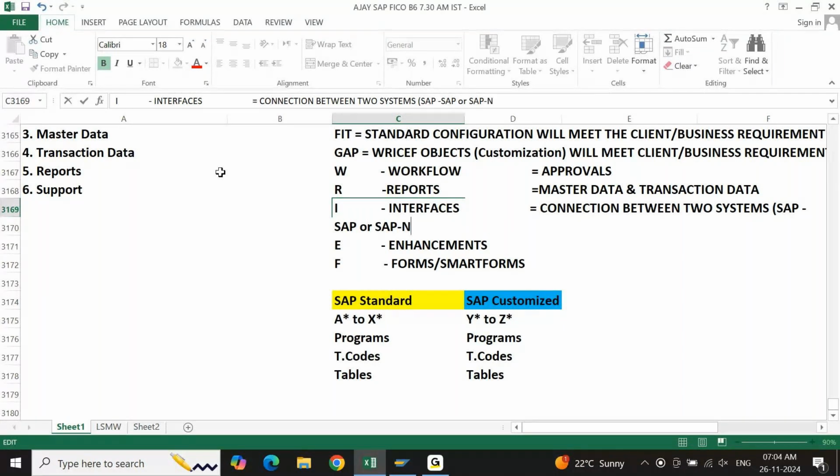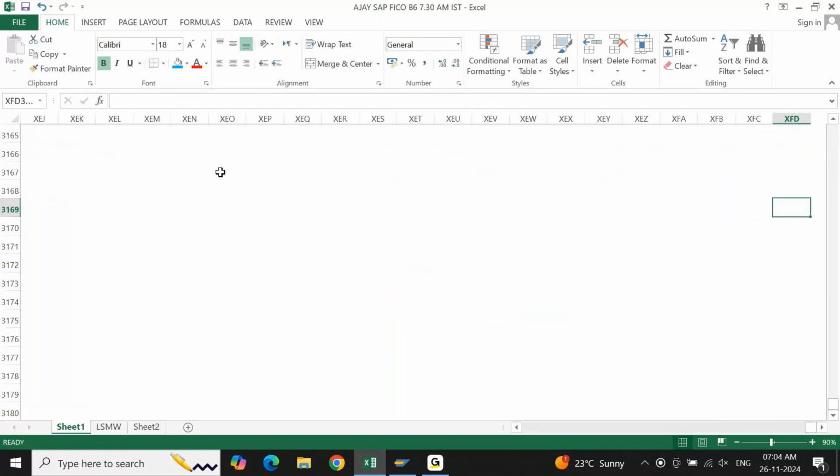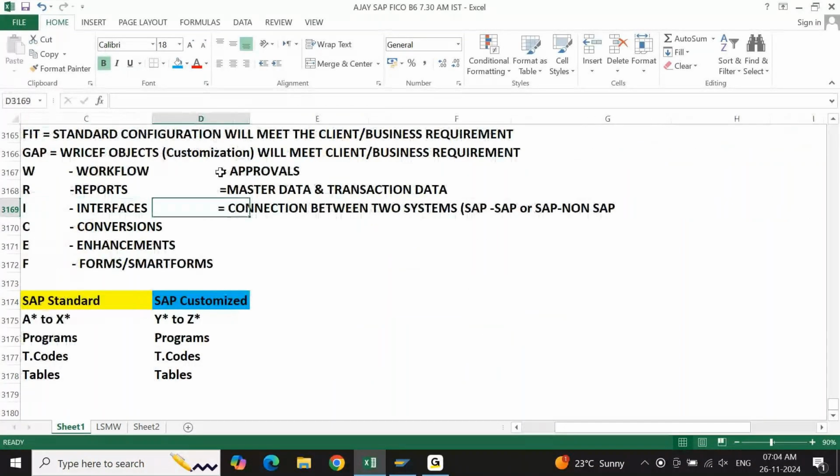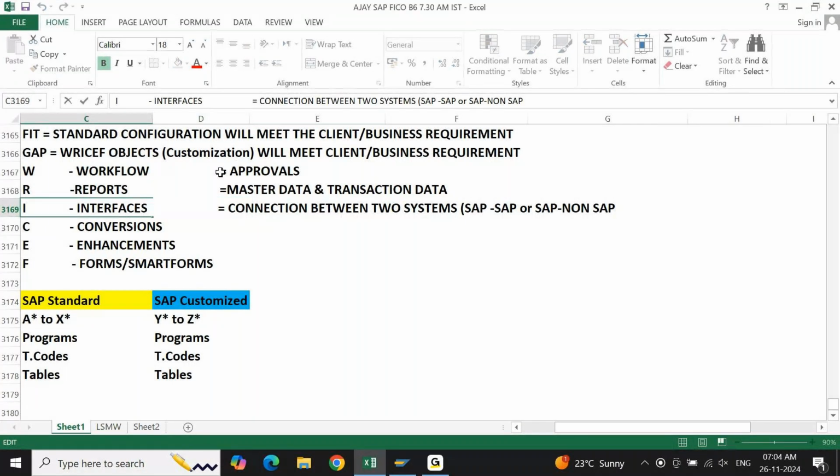Am I correct? When you are connecting between two systems, this is basically SAP to SAP or SAP to non-SAP.